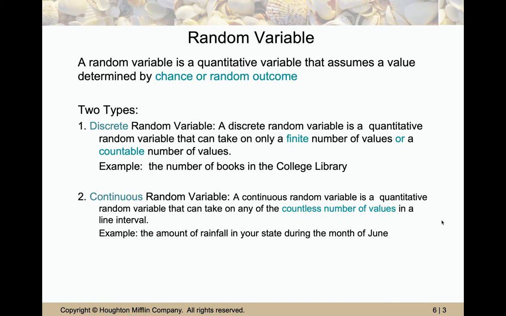So there's two types. The discrete random variable. A discrete random variable is a quantitative random variable that can take on only a finite number of values or a countable number of values. So, for example, the number of books in the college library, okay, that can be counted, and it is one particular value.